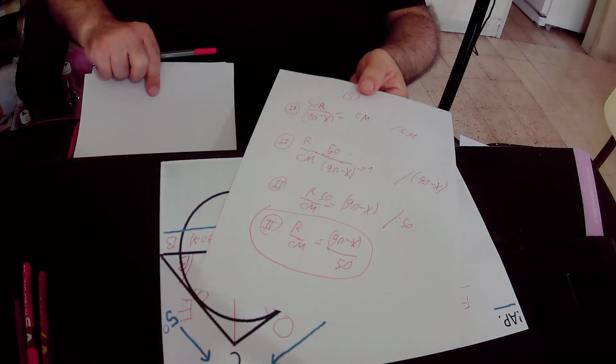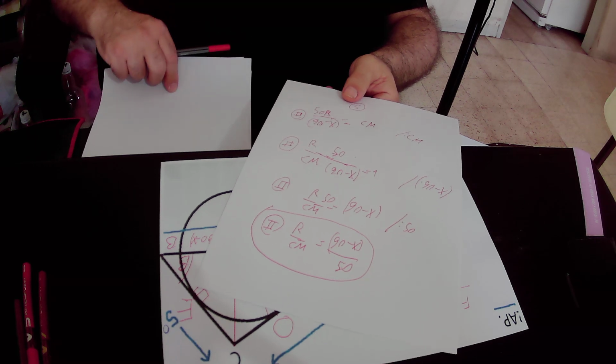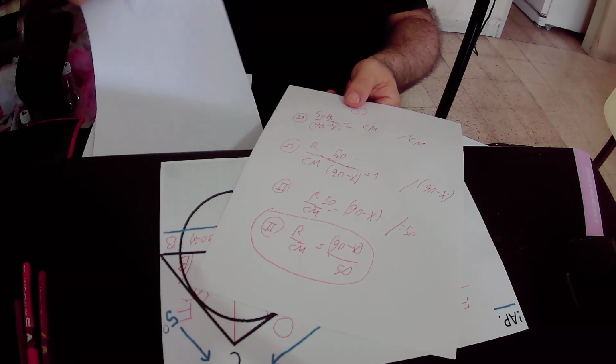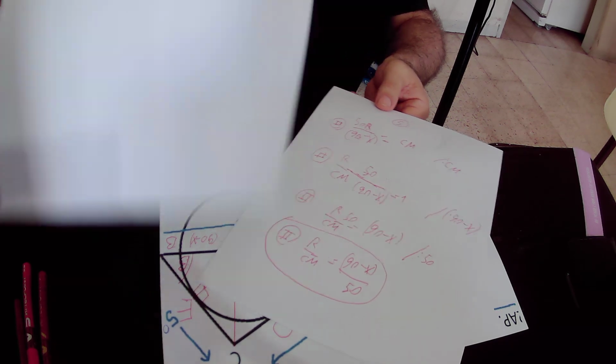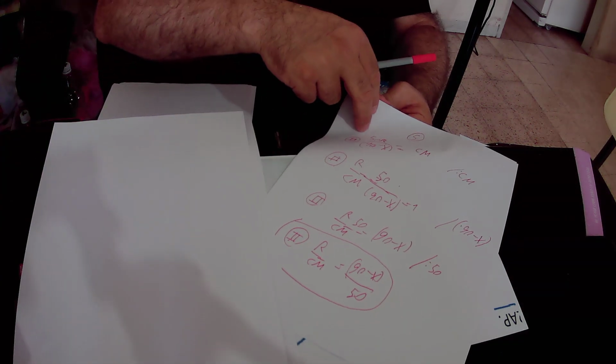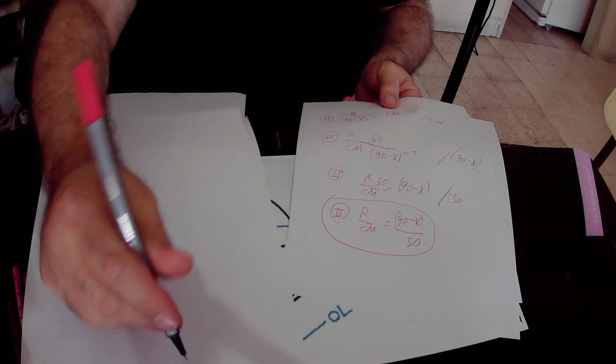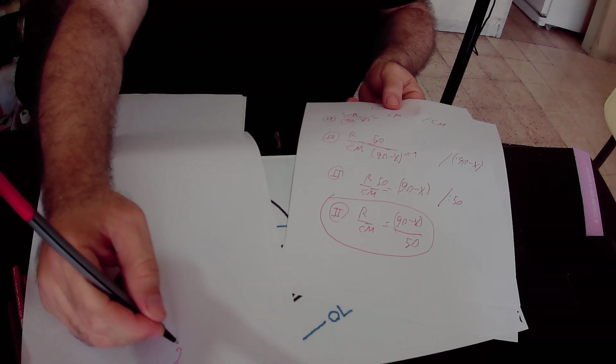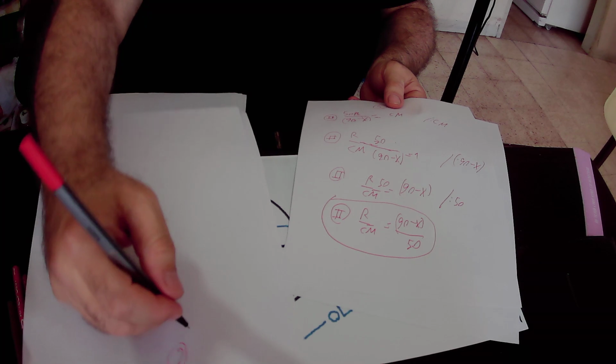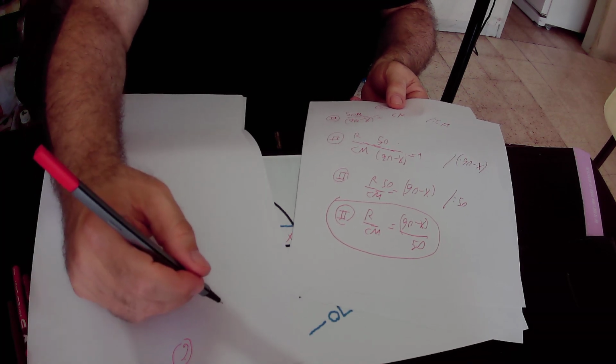So in total we actually have two equations for the expression R over Cm.